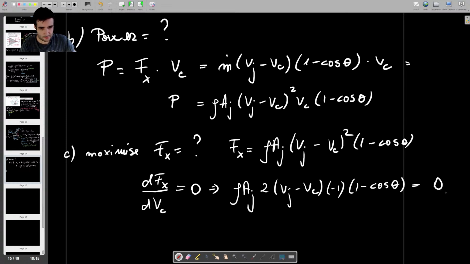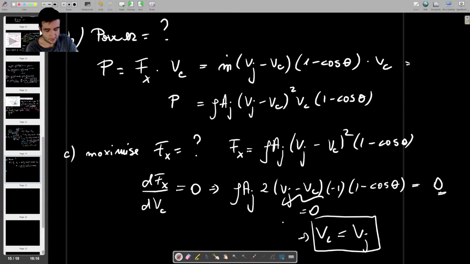So in this case, if we want to maximize the force and we make this equal to 0, then what this means is that Vj minus Vc is equal to 0. Therefore, Vc is going to have to equal Vj. So when the cart has the same velocity as the jet, that's when the power is maximum, essentially. So yeah, hopefully that makes sense.